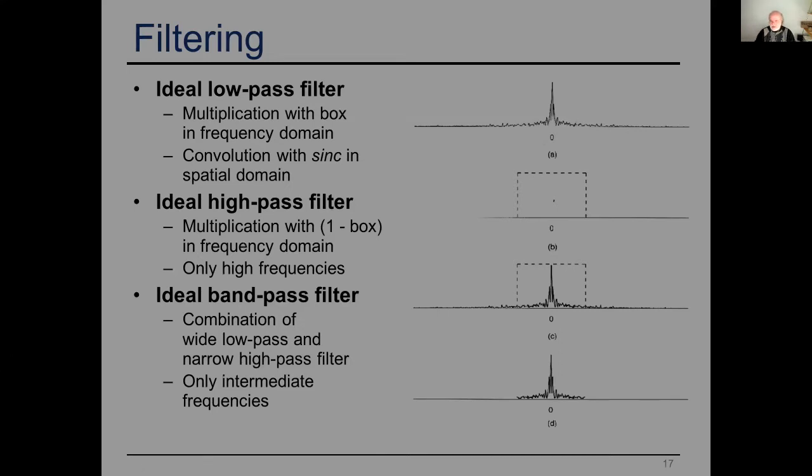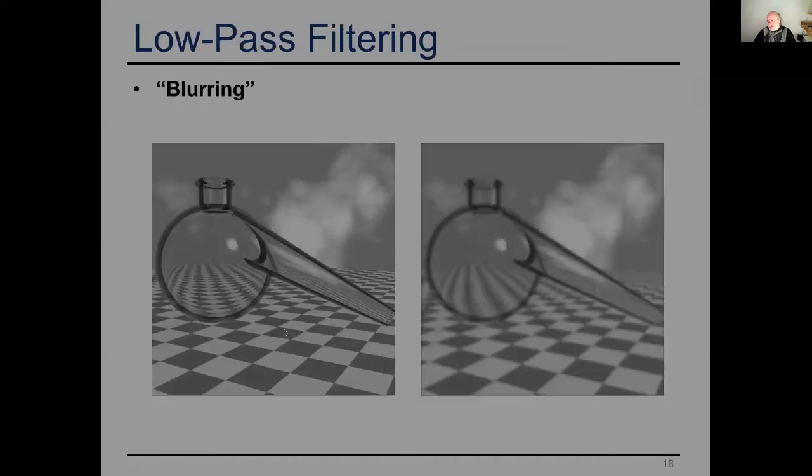This corresponds to an edge. And then there is a bandpass filter where you take the differences of those 2 box functions. You cut off some high frequency, maybe you cut off some low frequency, so you only have an intermediate band of frequencies that you might be interested in. It's not typically that interesting for us in graphics.